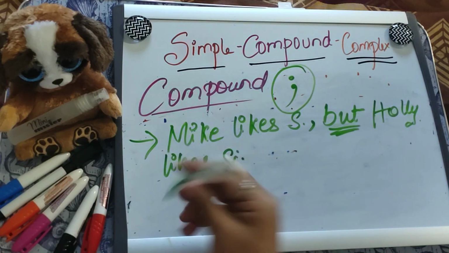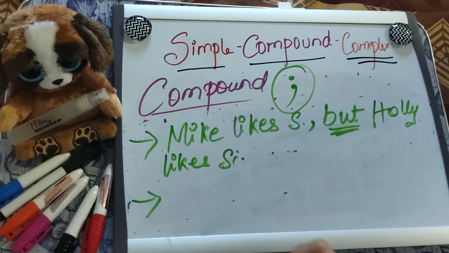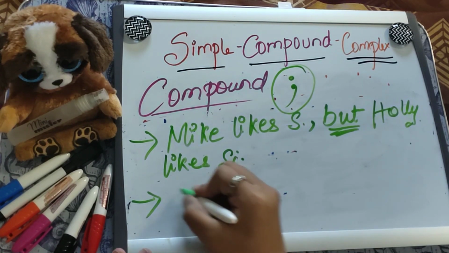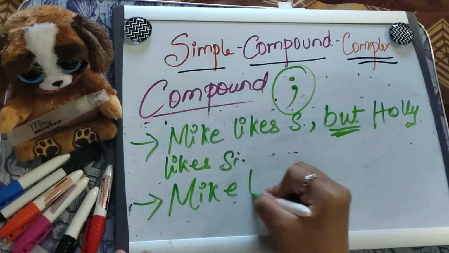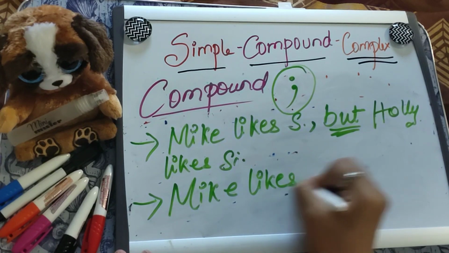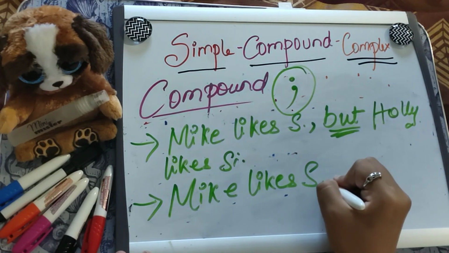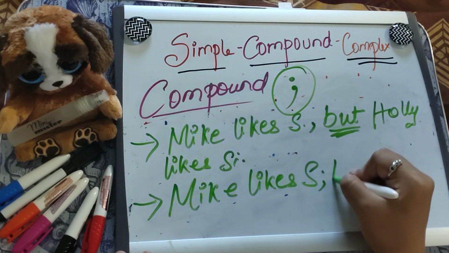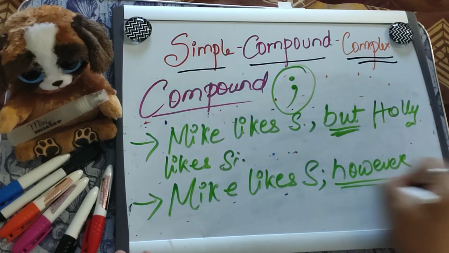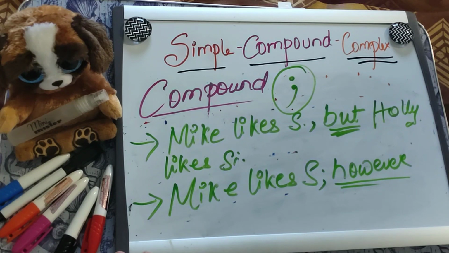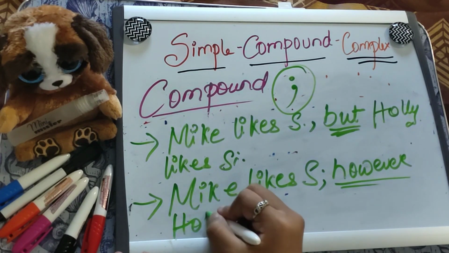Next example, we will try to use the conjunctive adverb. Let's say Mike likes swimming, semicolon, however, Holly likes singing. So we used however from the conjunctive adverbs.